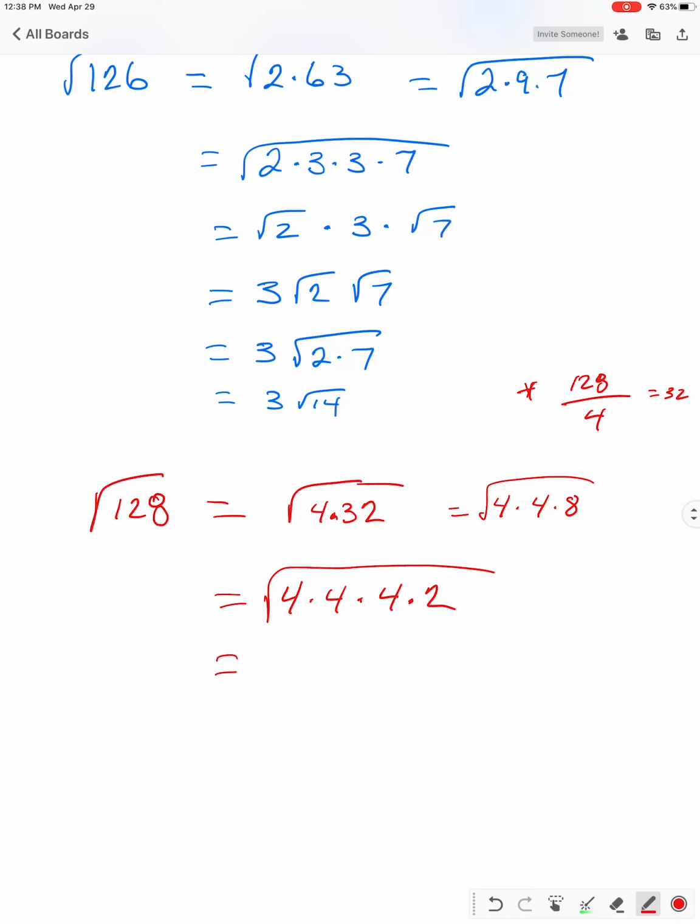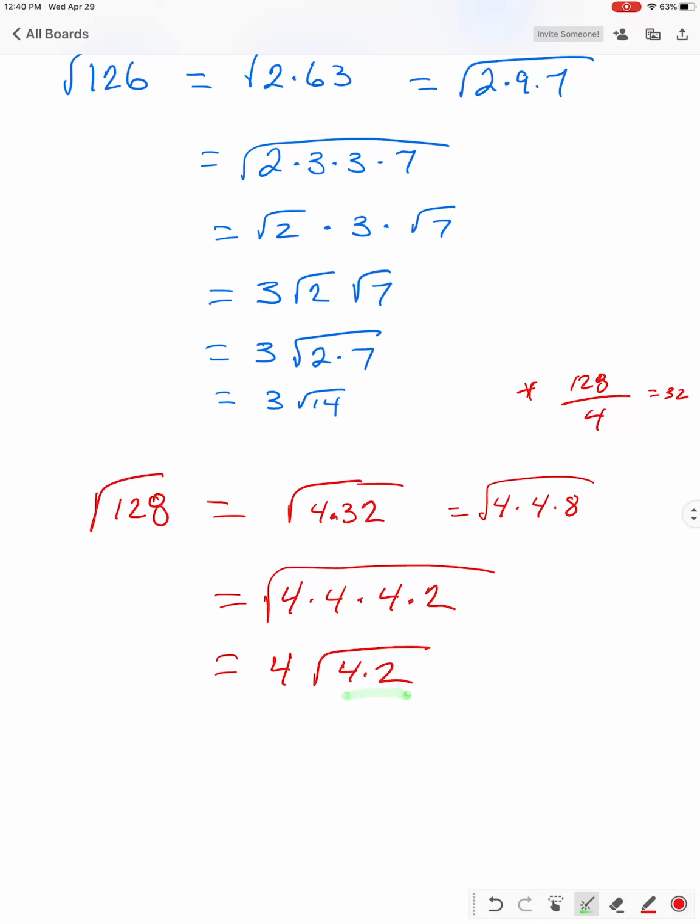Well, I have these first two together multiplied. So I'm going to make that a 4 underneath the square root with 4 times 2. So remember, I have these two together underneath the square root. So that just becomes 4. And I'm left with 4 times 2 underneath the square root.